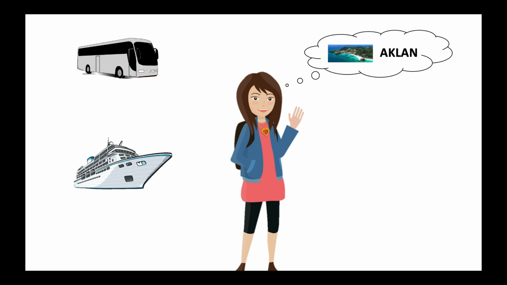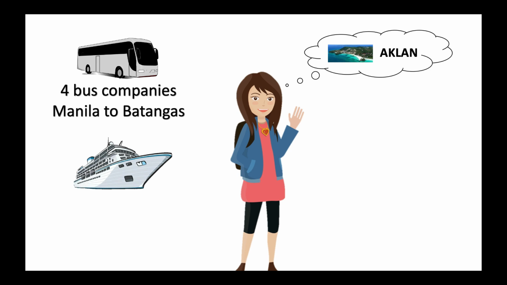So, upon checking all the bus companies and all the shipping companies that will take her to Aklan, there are four bus companies from Manila going to Batangas. There are two shipping lines from Batangas going to Aklan.